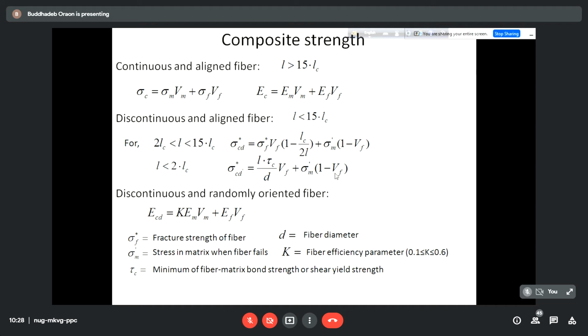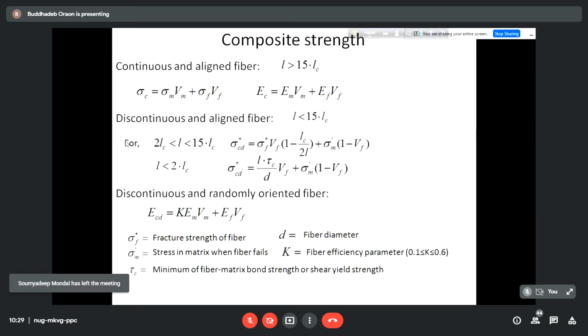Here we are actually taking the critical length as the factor, and the right-hand side remains the same. So this is the expression. You can see this in Callister also, and you can think about how these expressions come about.